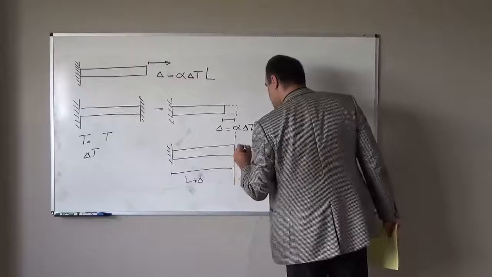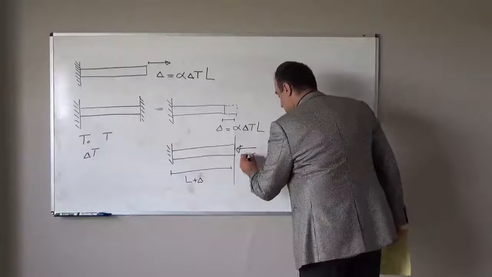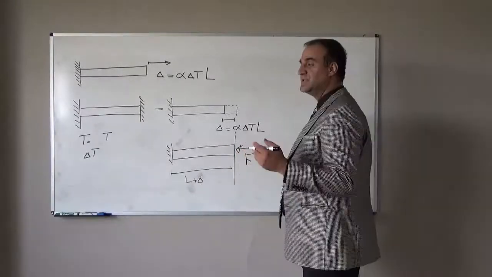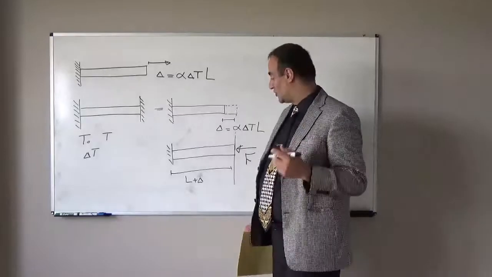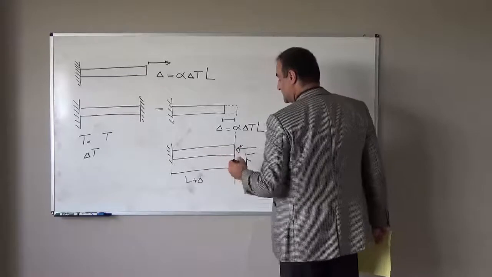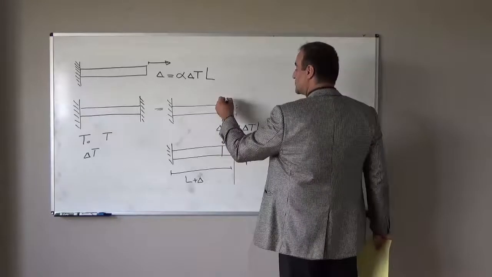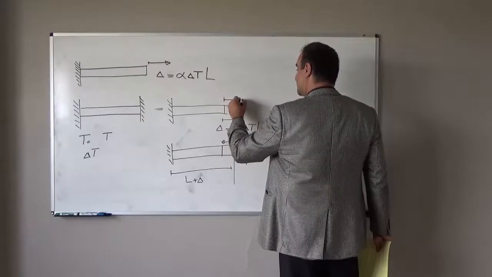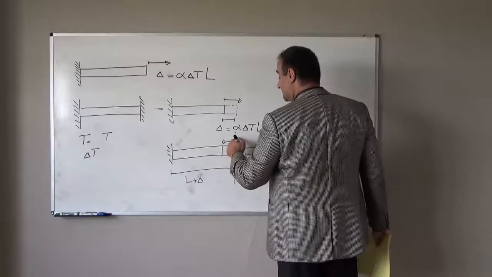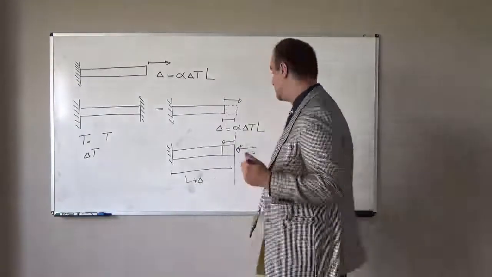That support reaction is unknown; I assume it is F. That support reaction will return the rod to the initial shape. So it should apply a force, and that force should deform this rod as much as delta in the inverse direction. So if the initial deformation is from left to right, then because of this reaction, the deformation will be from right to left. And the magnitude of those deformations should be equal.